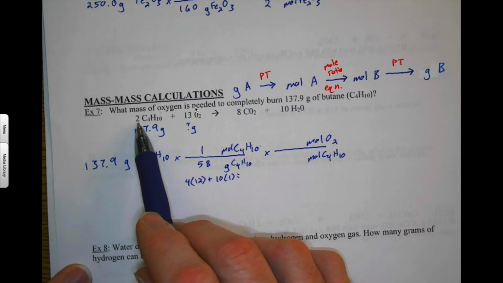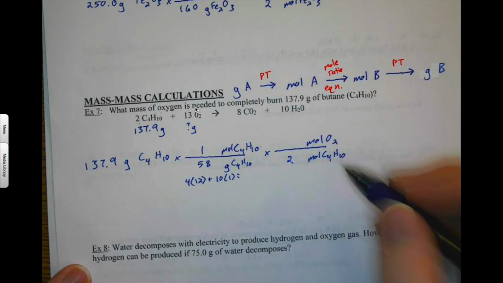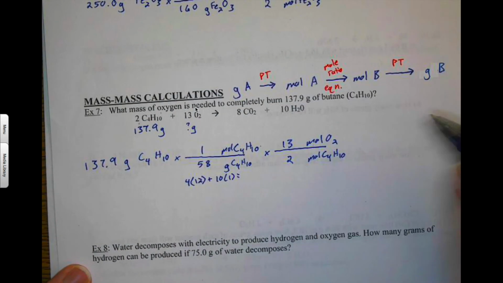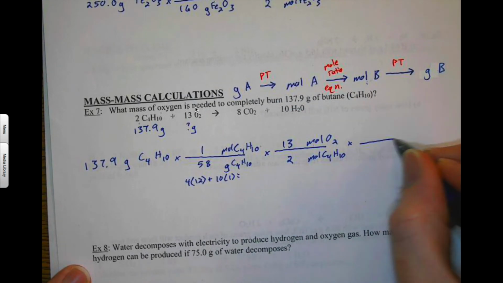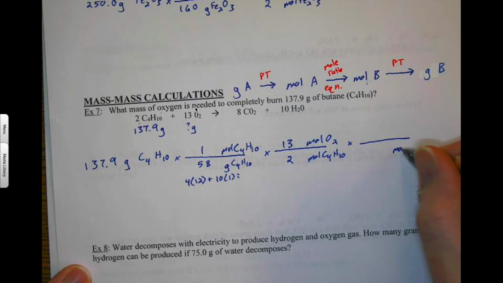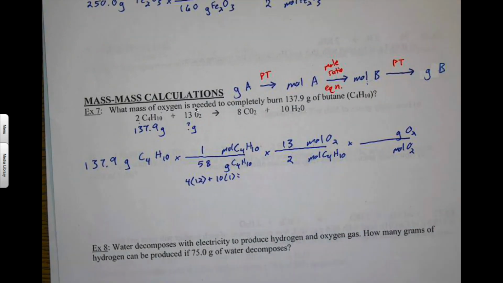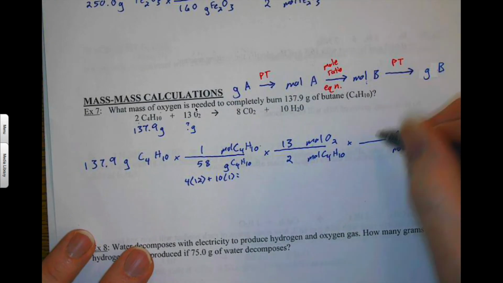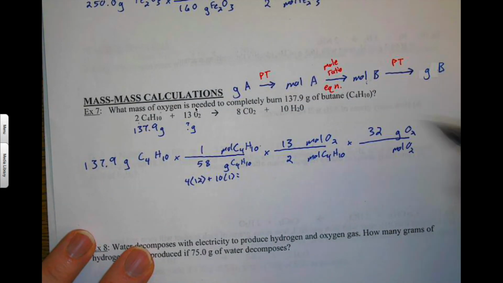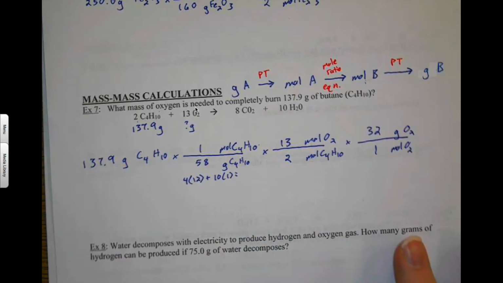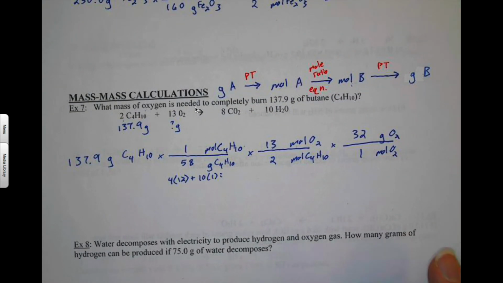The coefficient for butane is 2, and the coefficient for oxygen is 13. And then we're going to change moles of our oxygen into grams of oxygen. So moles of O2 into grams of O2. So now we established earlier that the molar mass of O2 was 32 grams per mole. That came from the periodic table.